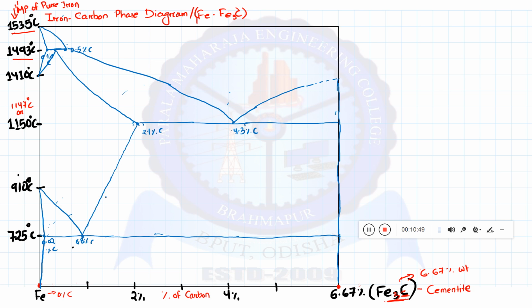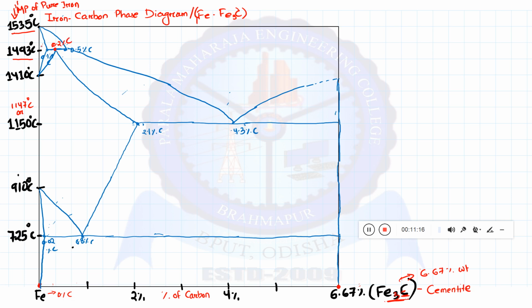Now what we have to do is represent all the phases that are present in it. Okay, now let me change the ink. So here at the peritectic reaction, this is our 0.2 percentage of carbon.